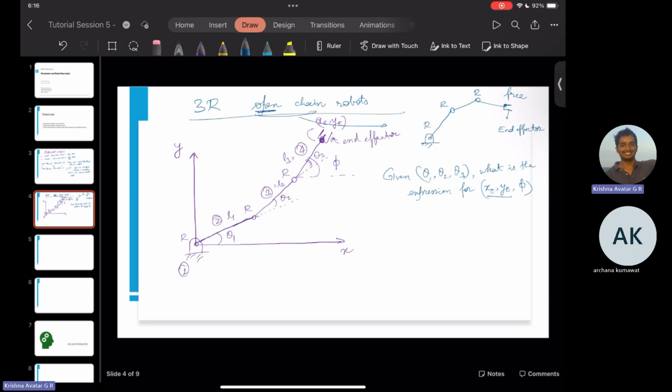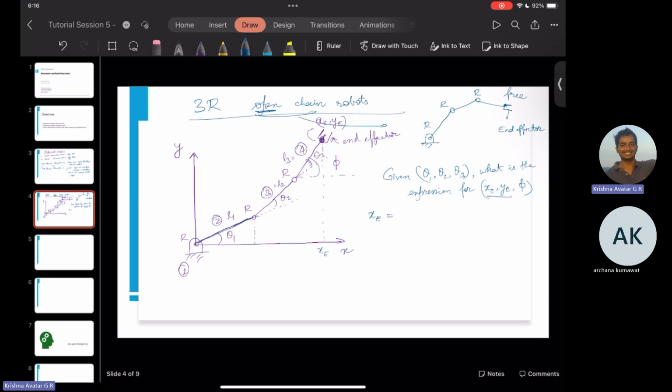So we start with, say, determining the coordinate for xe, right? So xe, the way we would say is, say we have this link, and mind you that xe will be the projection of the end effector on the x-axis.